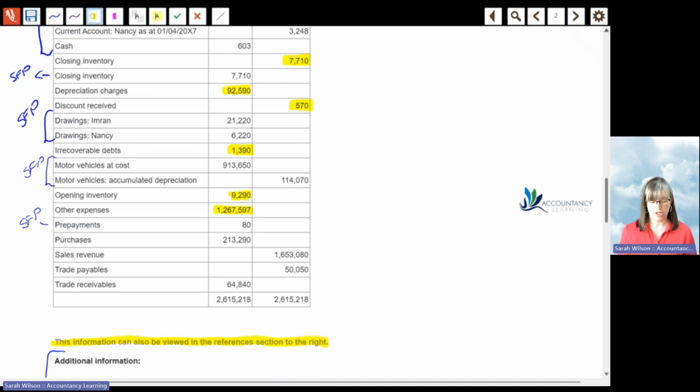And then we've got purchases. So that's going to be part of our statement of profit or loss. The sales revenue, which is already given in the answer to the question anyway, the exam's already put that in for us. And then those final two there, trade payables and trade receivables, would be on the statement of financial position.